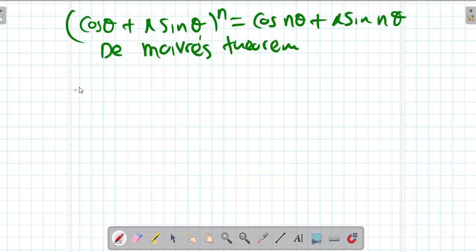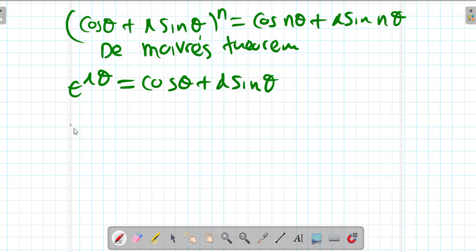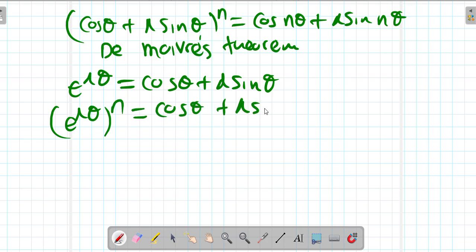Now from Euler's formula, we know that e to the power i theta is given by cos theta plus i sine theta. Therefore, if we raise e to the power i theta to the power n, this will be as good as raising cos theta plus i sine theta to the power n as well. So this can also be represented as e to the i n theta.